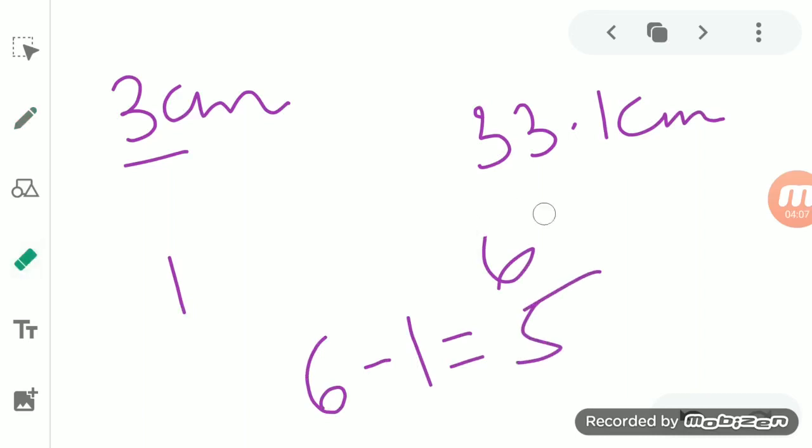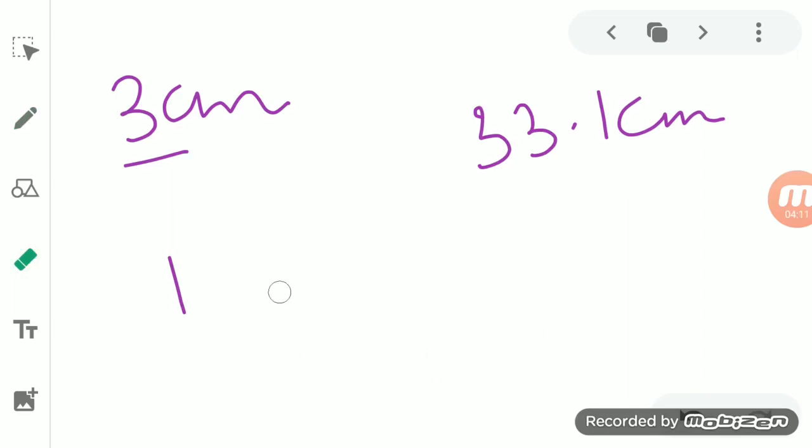So if there is a zero error, or we have not started with the 0, then the difference between the final and the initial reading gives the length of that object. So here we have to find the length of a knitting needle.